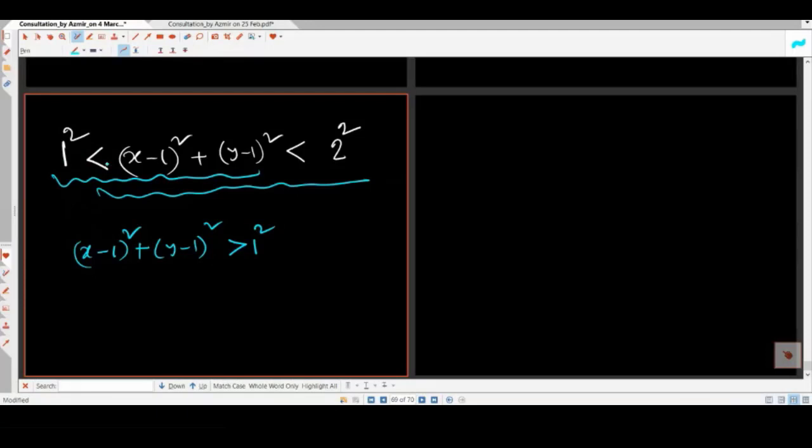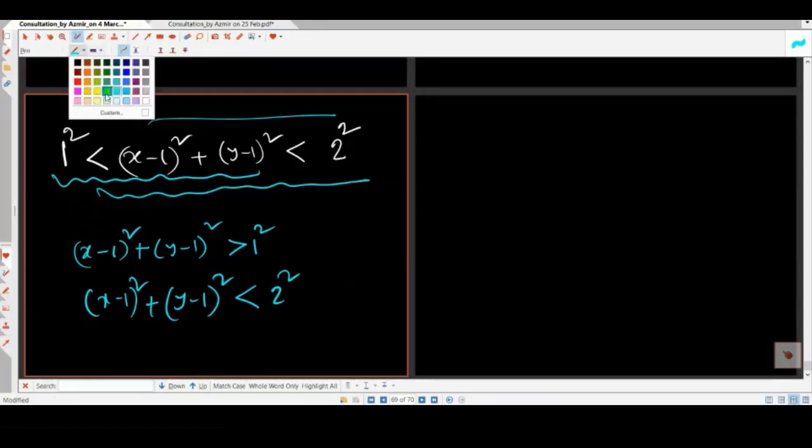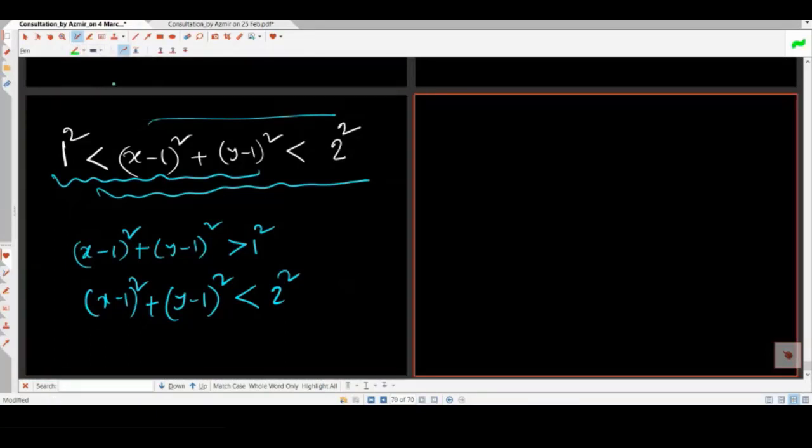Similarly, the second part: (x − 1) squared plus (y − 1) squared less than 2 squared. So we have 2 inequalities this time, but the main thing is to understand what it means.